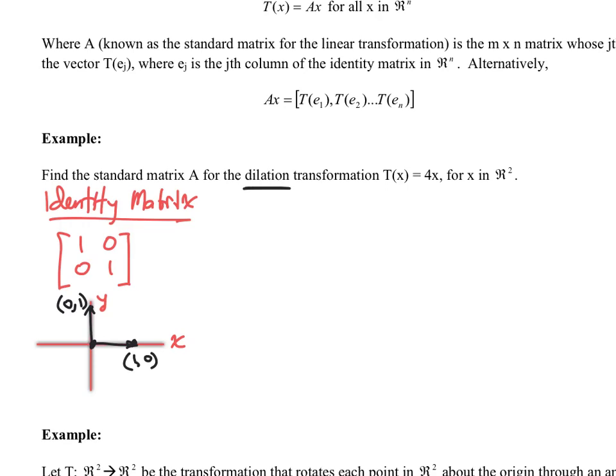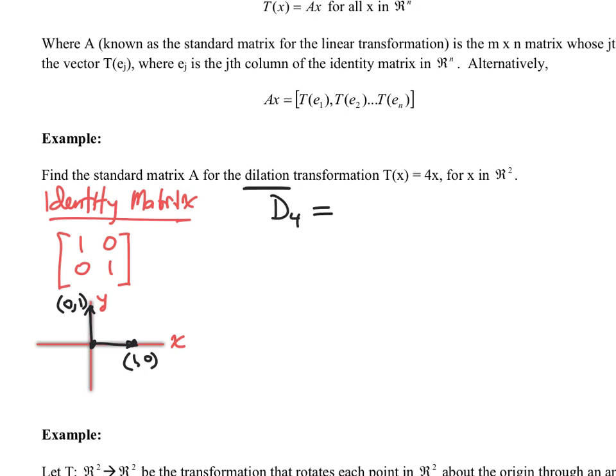So dilation with a factor of 4. Now, if you think back to high school math, geometry, when you dilated, you multiplied the coordinates, both parts, by whatever the dilation constant was.